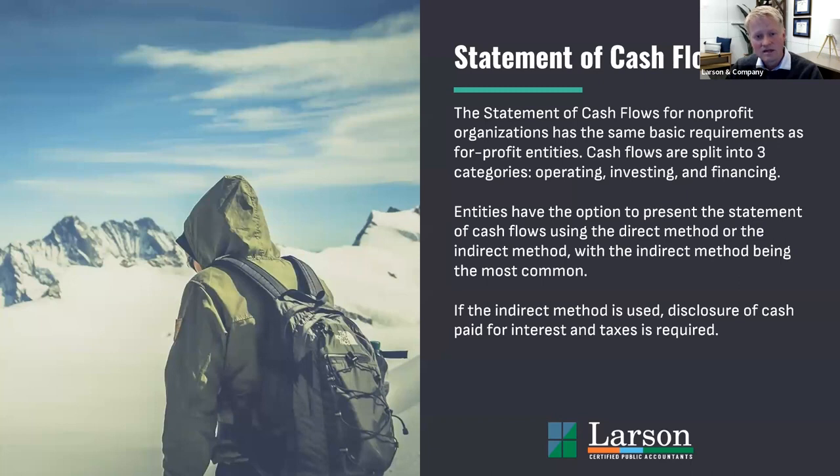The indirect method is typically the most common method we'll see. But if the indirect method is used, disclosure of cash paid for interest and taxes is required. So you do have to keep that in mind.